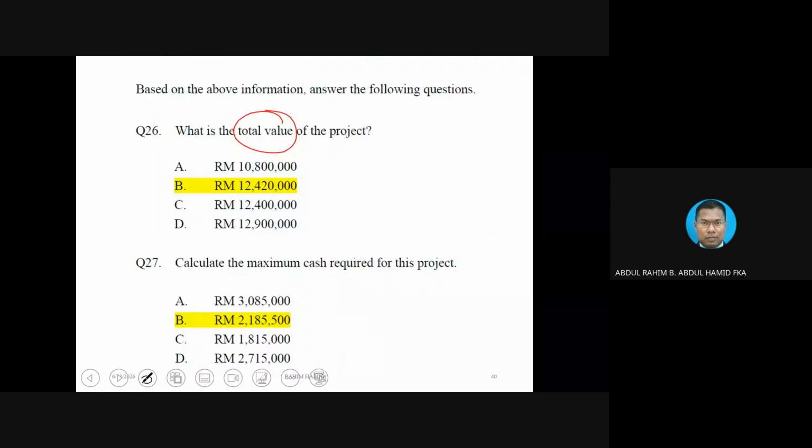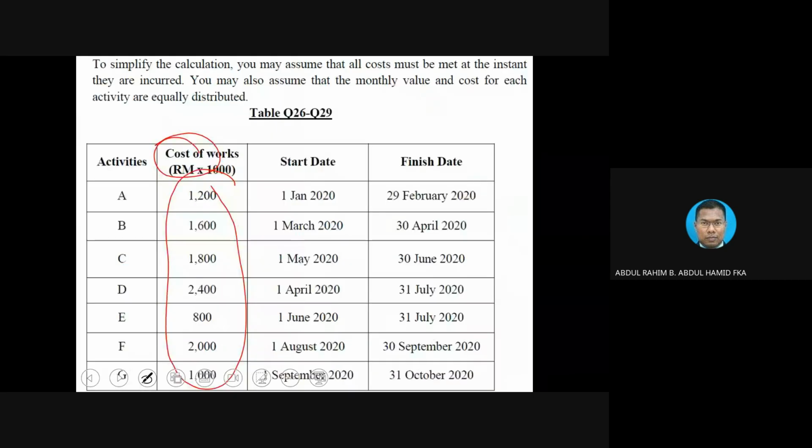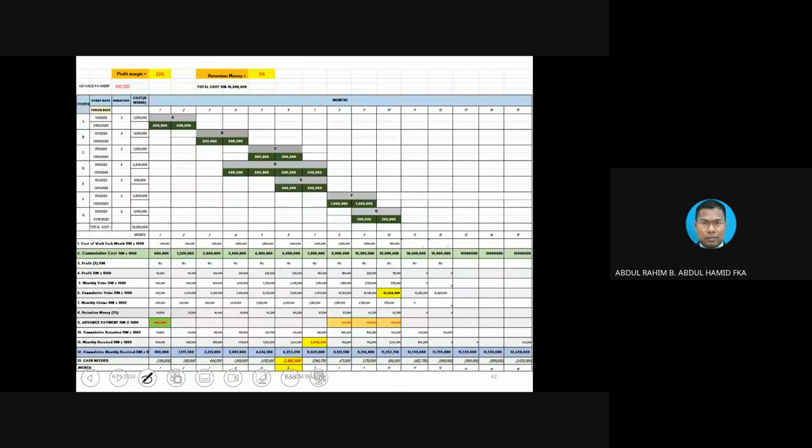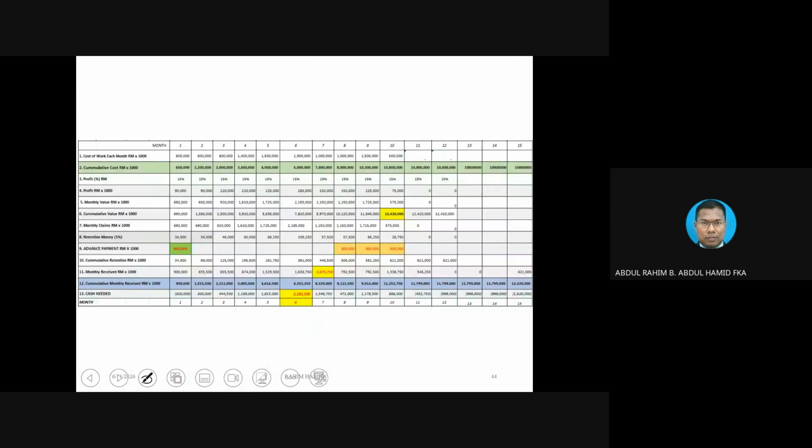Okay. The cost, maybe the cost is here. This is the cost. Okay. And then, wait a second, what is the cumulative cost? Yes.